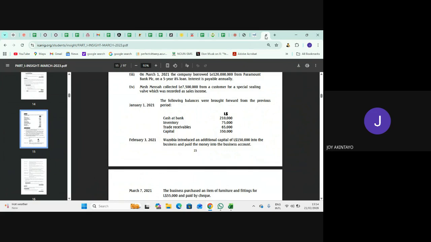They said he introduced additional capital of 150,000 naira into the business. So where are we posting? Is this an additional question or what? Because I don't understand.